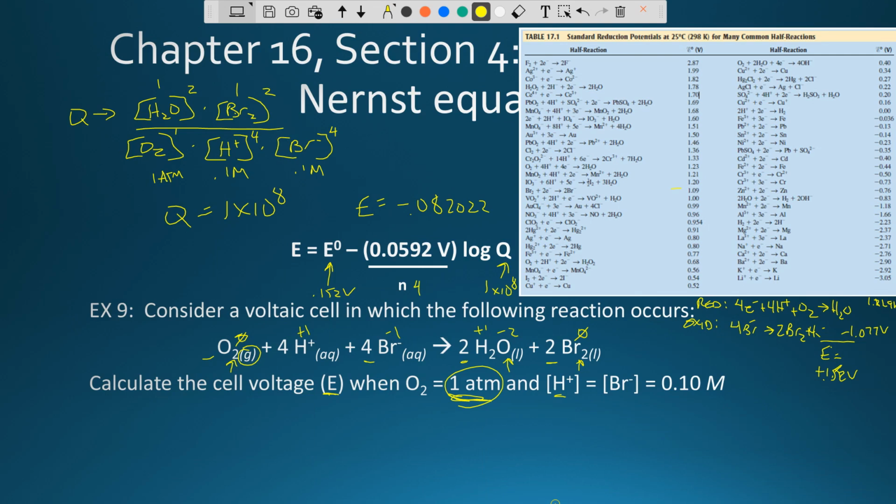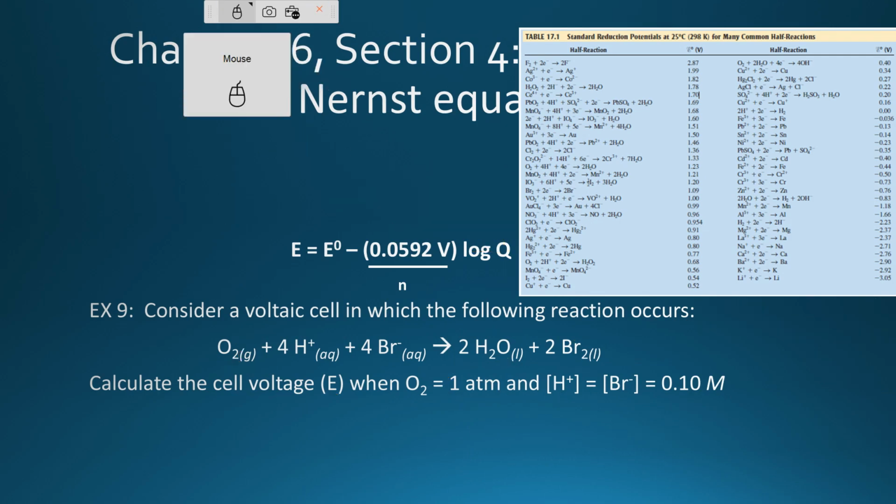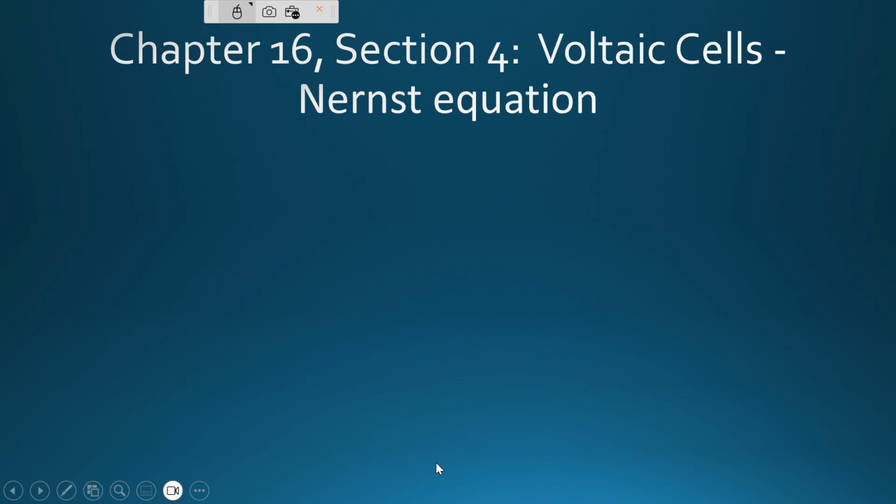To double check, the log of 1 times 10 to the 8th ended up being 18.4, and I multiply those numbers in there, and that's how I get this value. Pretty straightforward. Just keep track of your algebra along the way, and you should be fine.